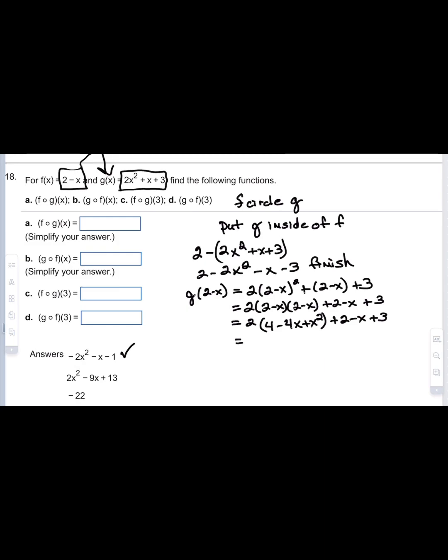And then you copy the rest, and you just combine the like terms. And thus you get your result, and you're done.